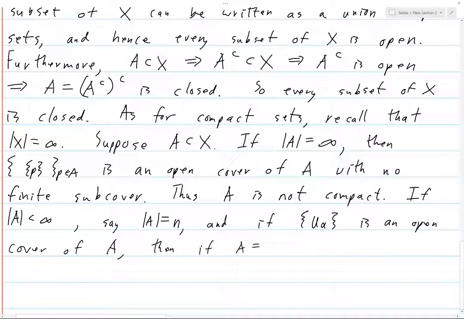Let's say that A is, let's label the elements of A. So we know that A has n elements. We'll label them P1 through Pn.